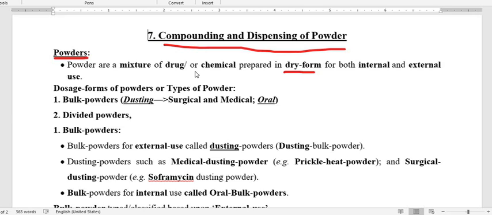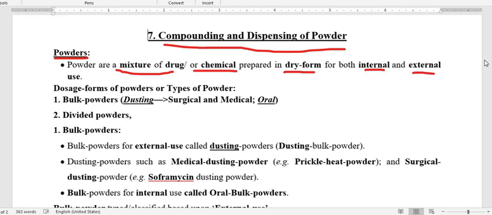If you look at the physical property, I mean the consistency, you have to define that powders are finely divided particles in which the mixture of drugs or chemicals are in dry form, and that we use both internally as well as externally.